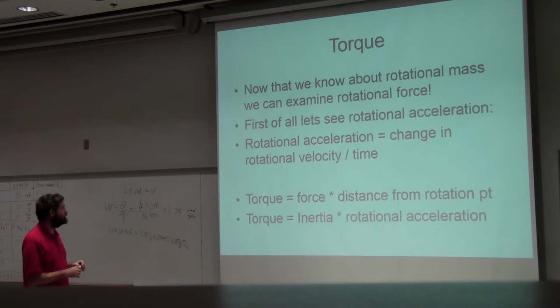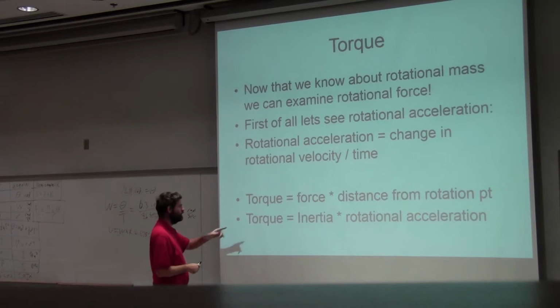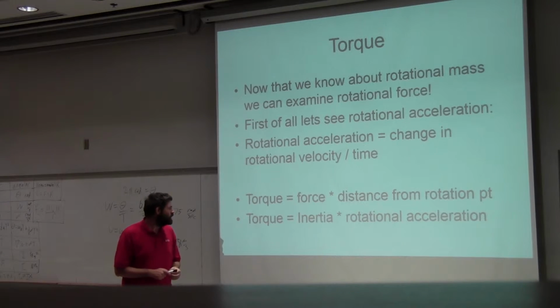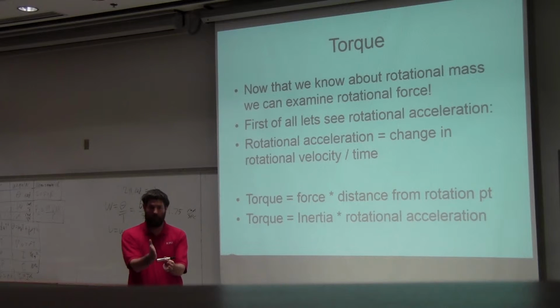So torque is either force times distance from the rotation point, or inertia times rotational acceleration. What that means is, if I provide a linear force that is perpendicular to the surface, it's going to create torque that's equal to the distance between the rotation point times the force.